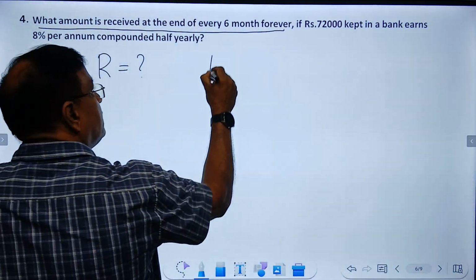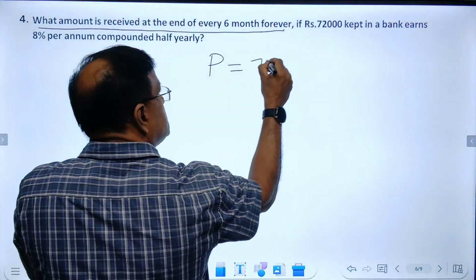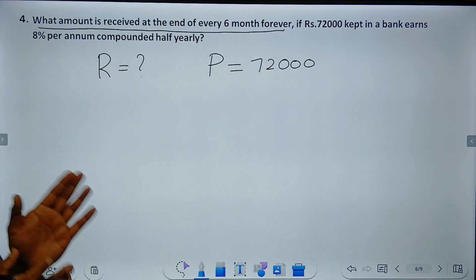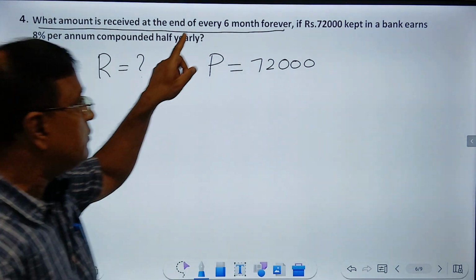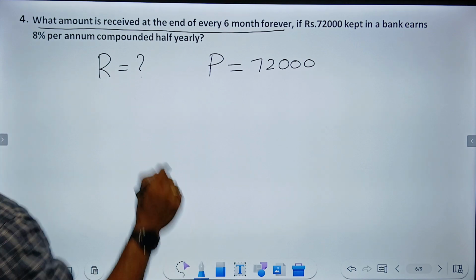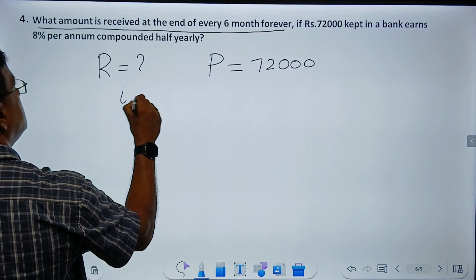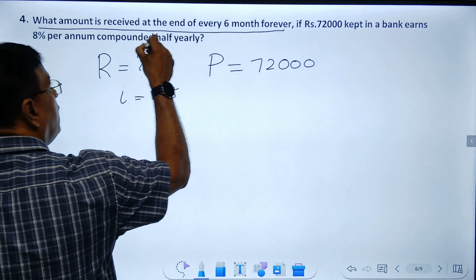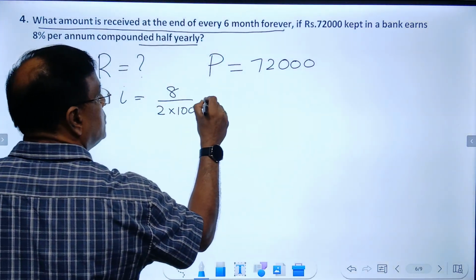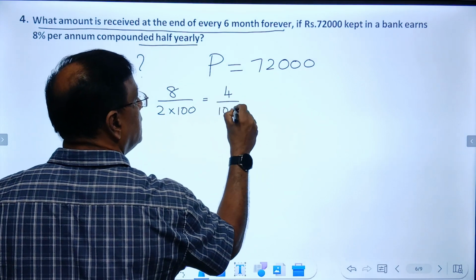Okay, so that is the present value. Present value is 72,000. For that 72,000, what is the periodic payment? When the rate of interest is 8%, it is half yearly, so you divide it by 2, which is 4 by 100.